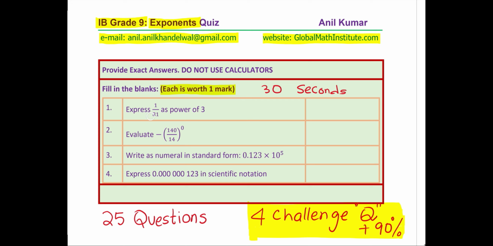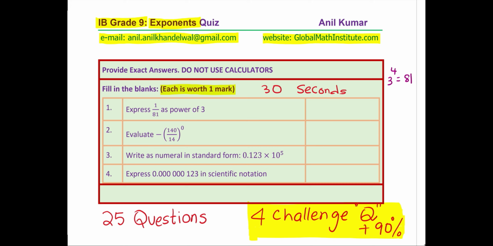We need to express 1 over 81 as power of 3. So let's recall some rules. We know that 3 to the power of 4 is 81. However, we need 1 over 81. Then what should it be?